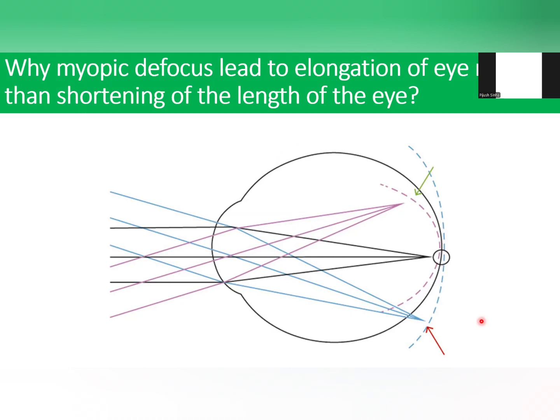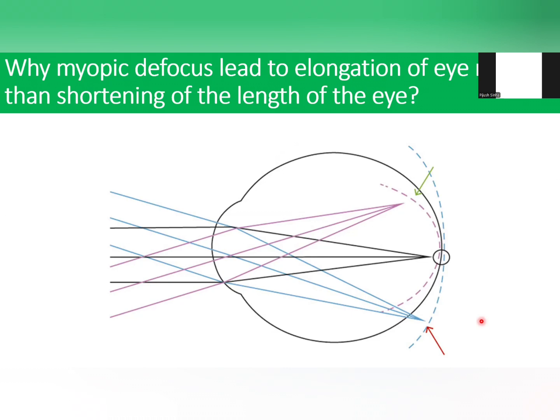So, here, why has shortening not happened? Because of the lack of a shortening mechanism; only an elongation mechanism is there. There is no evident mechanism that signals the eye to shorten when a distant object is blurred. Instead, the signal associated with defocus primarily promotes elongation.